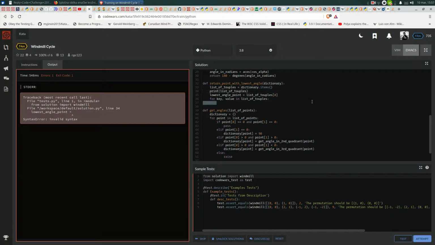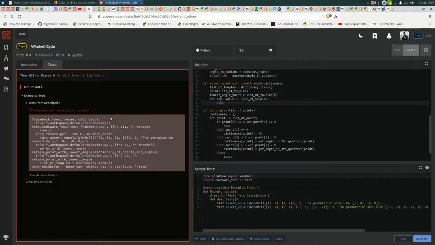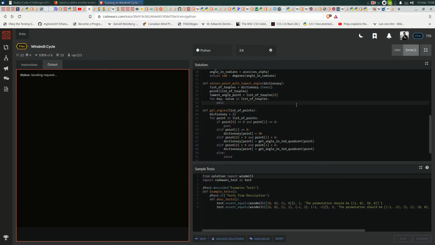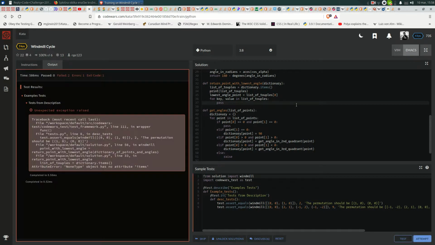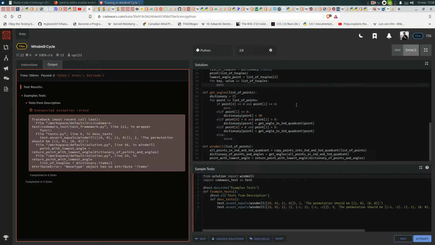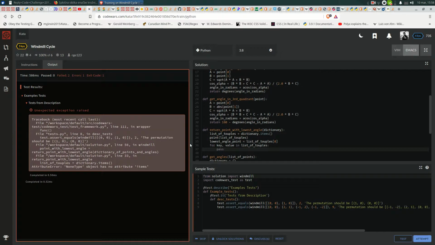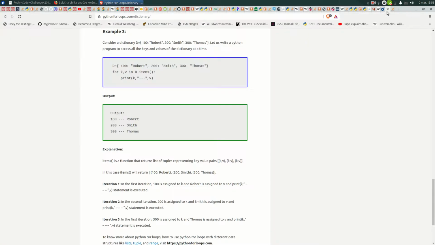And here we just say pass, you know. Pass. Okay. NoneType object has no attribute items.